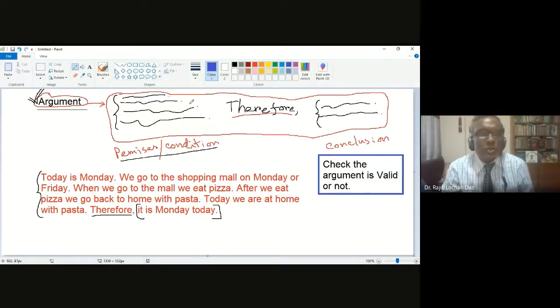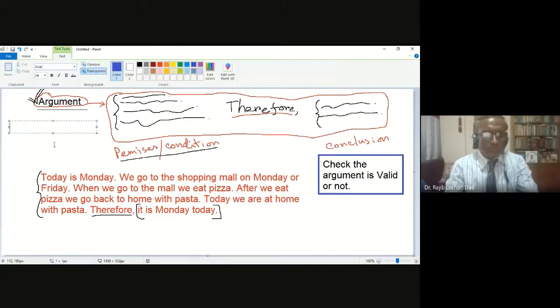We can say the argument can be valid, not valid, or invalid. So you can think about three states of an argument. A valid argument will be when it is a tautology.